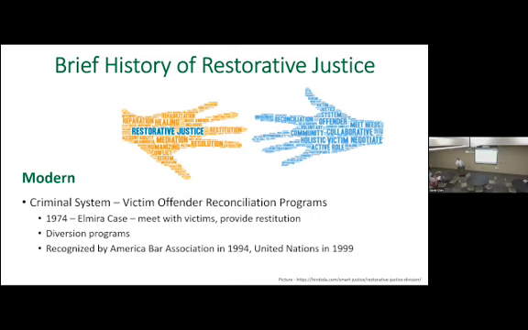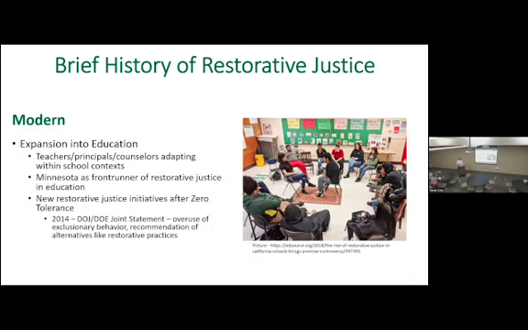Unfortunately, as these things were starting to be developed, there were other things happening that swung harder towards the traditional ways of dealing with conflict and harm. If we think about DARE and zero tolerance and Columbine and active threat, the pendulum really shifted very hard to exclusionary practices.